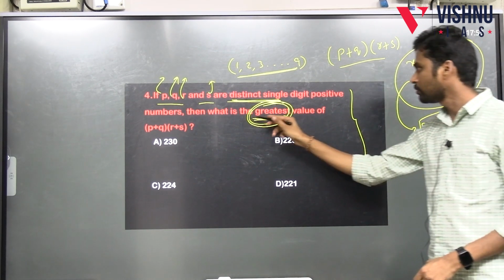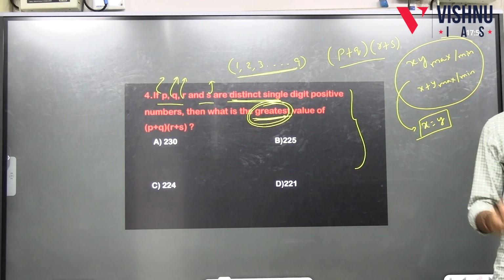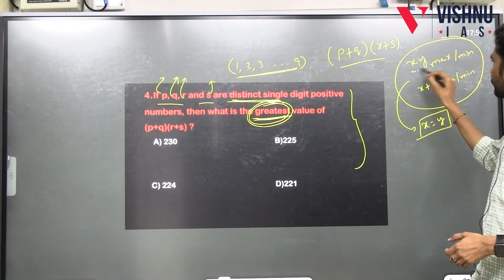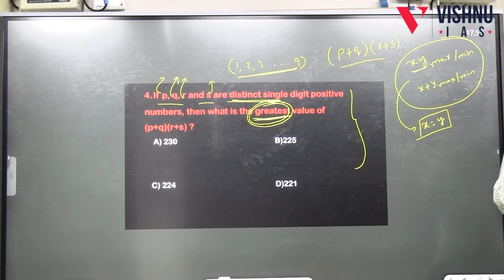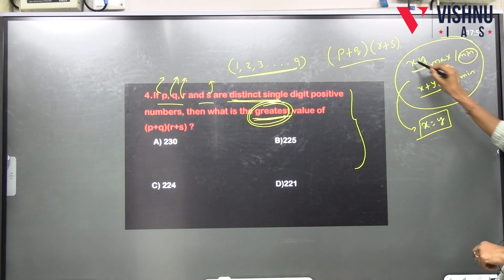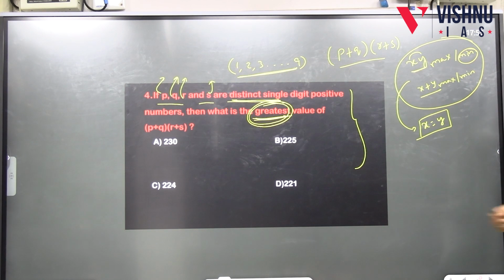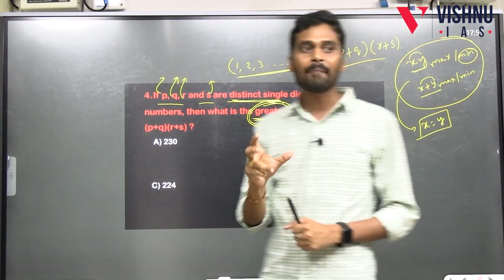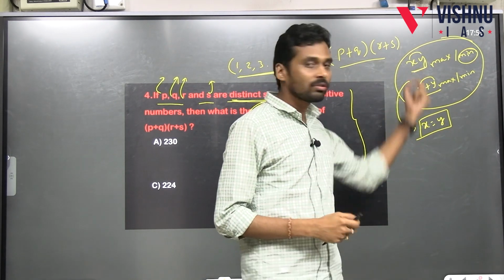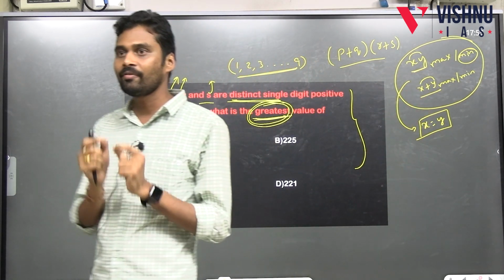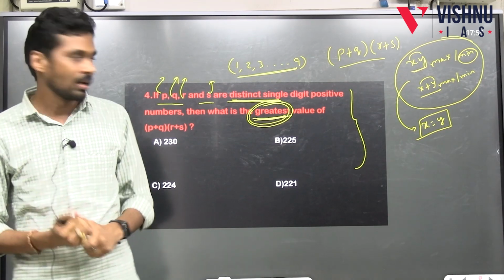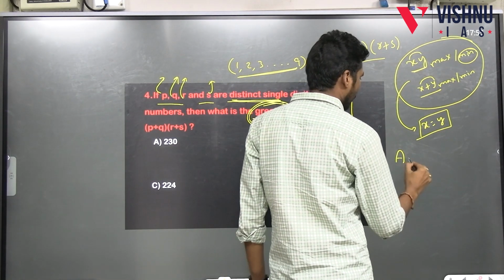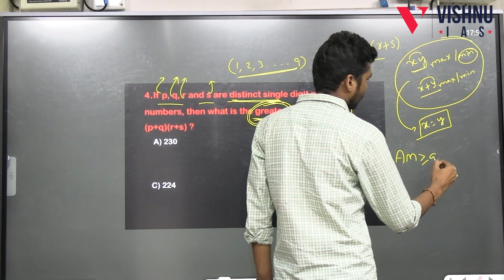Whenever you are supposed to find the greatest value of the product of 2 things or the sum of 2 things, or even the minimum of the product or the sum of 2 variables, that happens when these 2 values are the same. When x and y values are the same, then it will happen. So this is a concept of arithmetic mean and geometric mean.